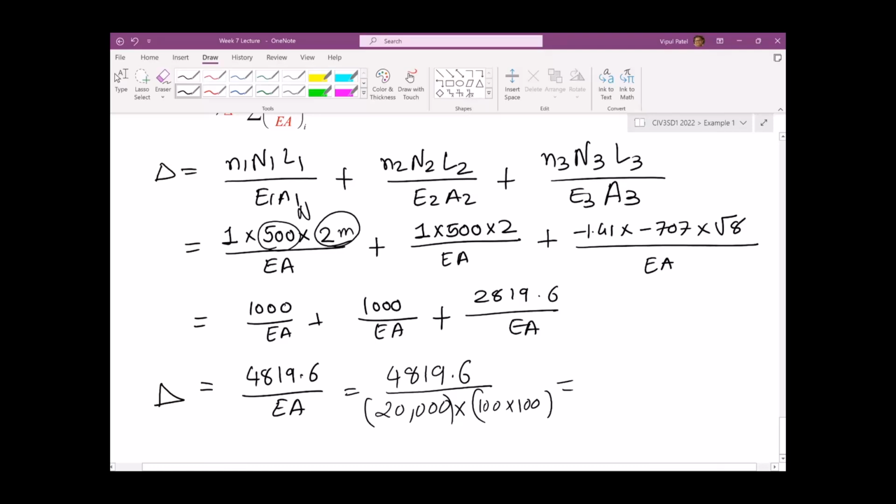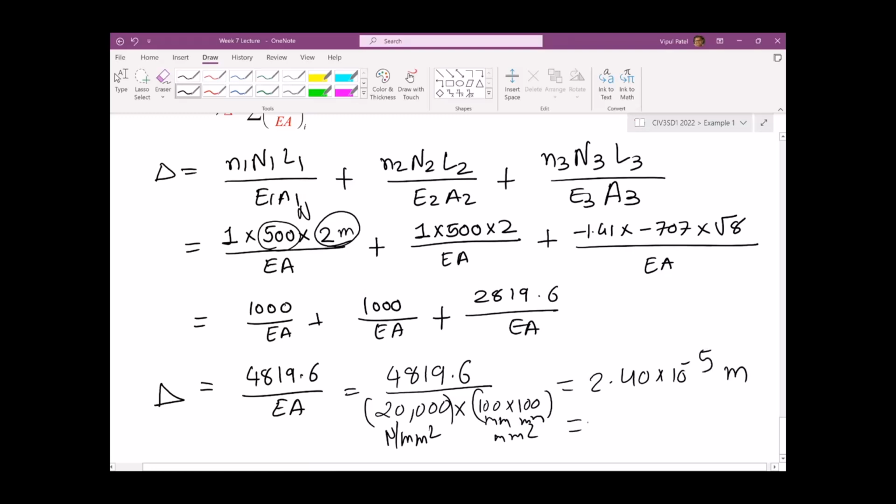0.6 divided by 20,000. This is, by the way, newton per millimeter square, 20,000 megapascals, and this is millimeters and this is millimeters, so millimeter square. So 20,000 times 100 times 100. So you get 2.40 times 10 to the minus 5, and that is in meters.